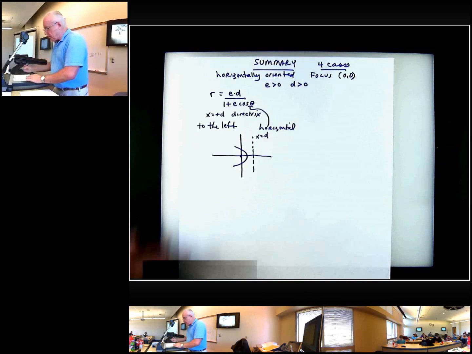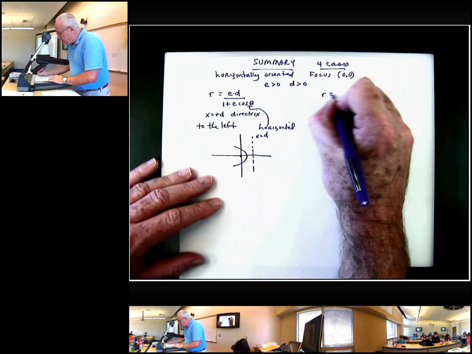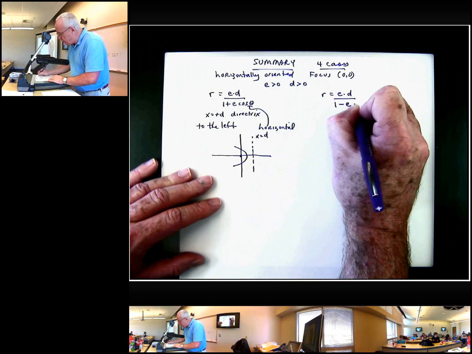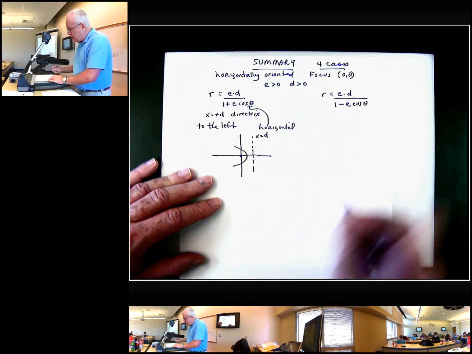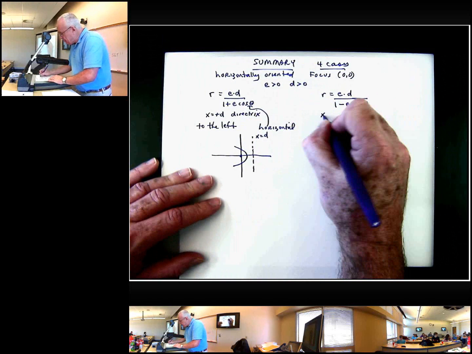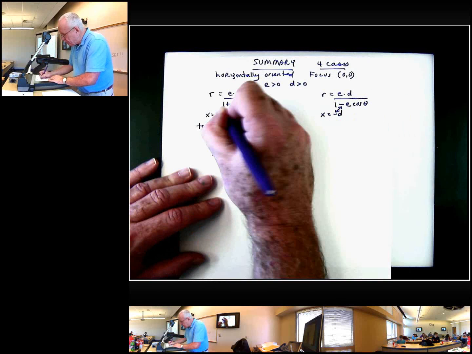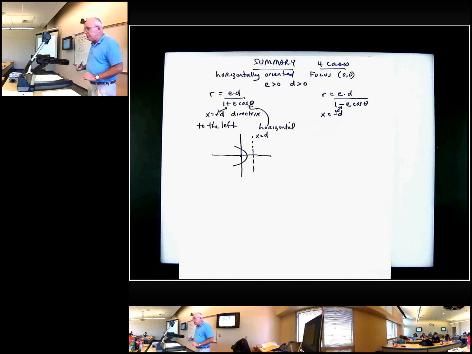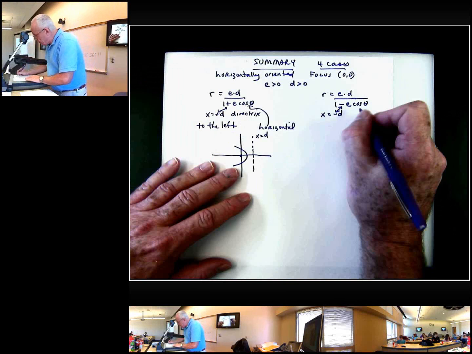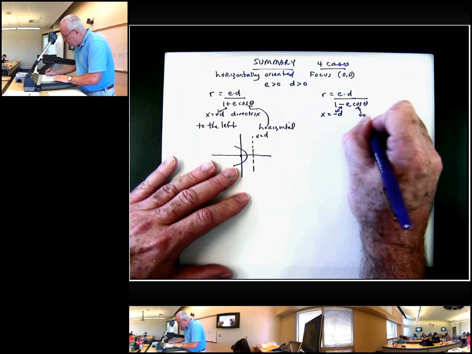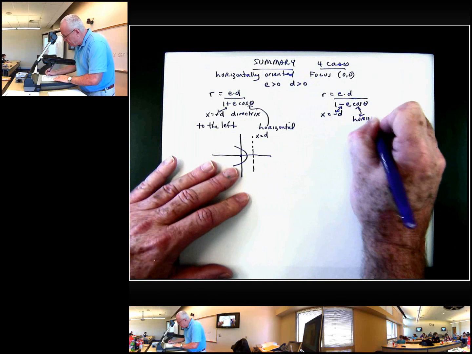Then the other direction. r equals e times d over 1 minus e cosine of theta. This time our directrix is x equals minus d. Notice the relationship there with the pluses and the minuses. The cosine, again, gives a horizontal orientation.